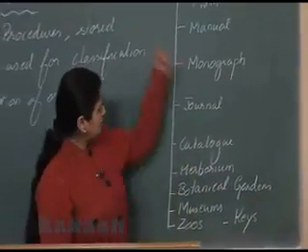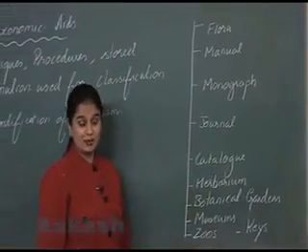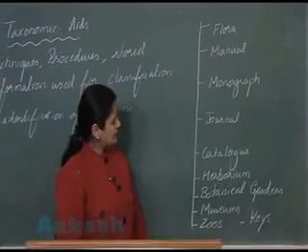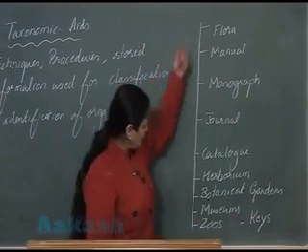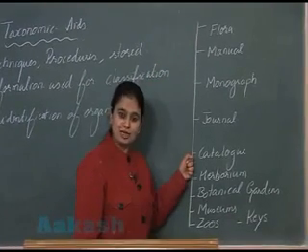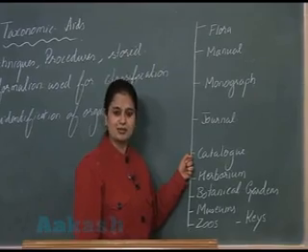So these different taxonomic aids I am going to describe here. Let's start with the first five. We are going to do a comparative study of these.